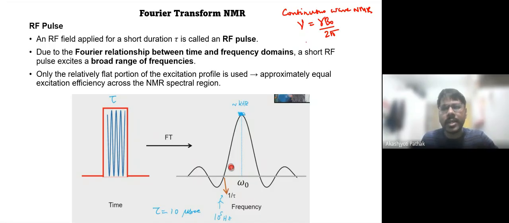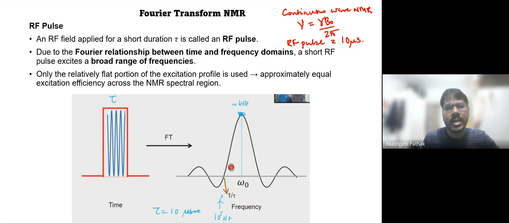Why are they called RF pulses? Because we are applying radio frequency energy for a very short duration, around 10 microseconds.